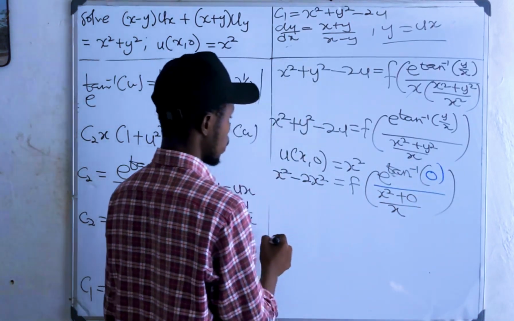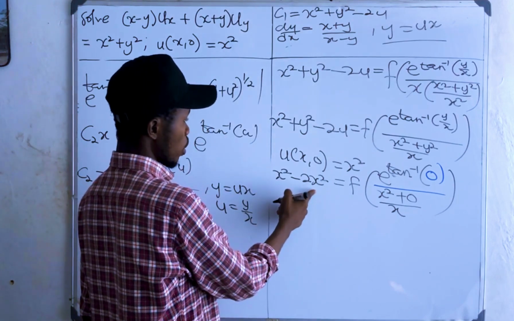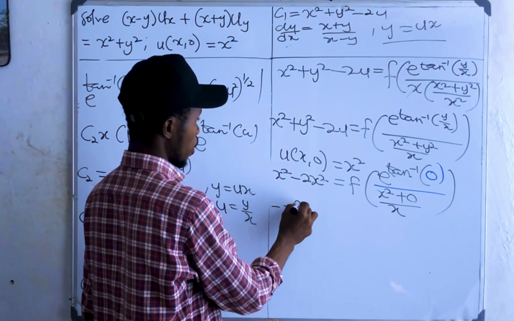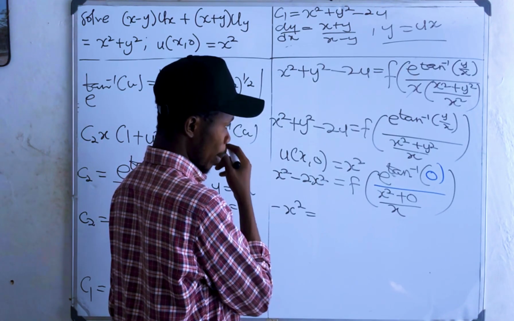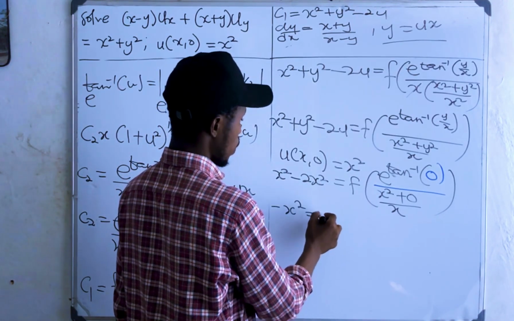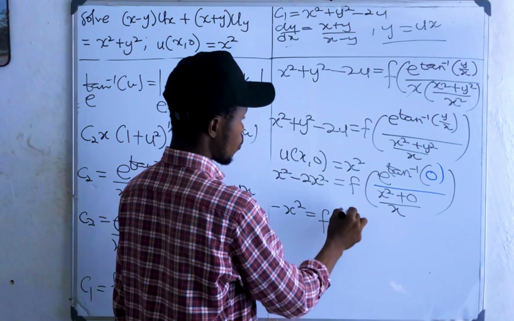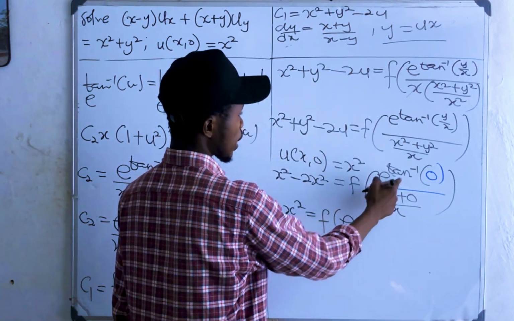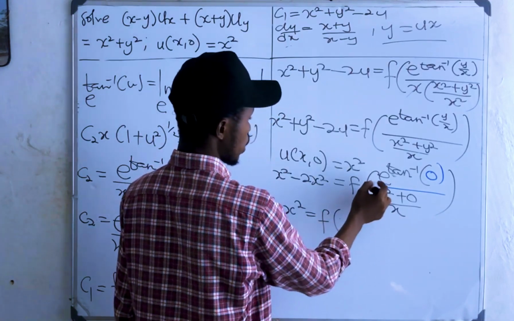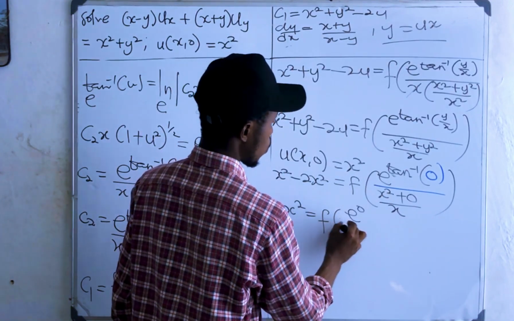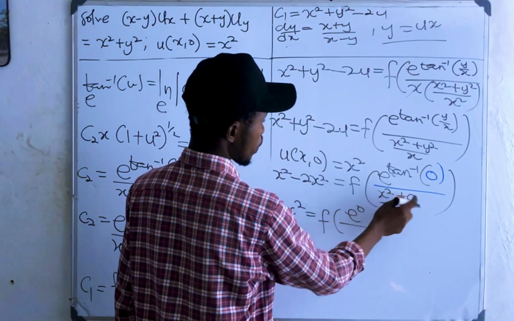We have something like this. x squared minus 2x squared will give negative x squared, is equal to f of e to the power tan inverse of 0, which is 0. Okay, and e to the power 0 all divided by this plus this will still be x squared.